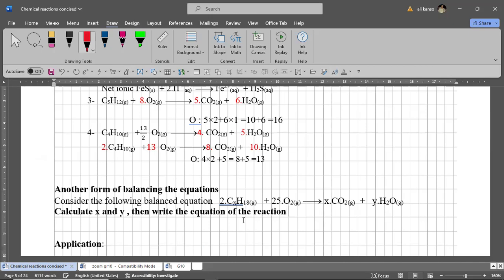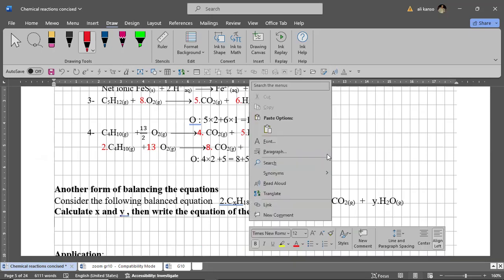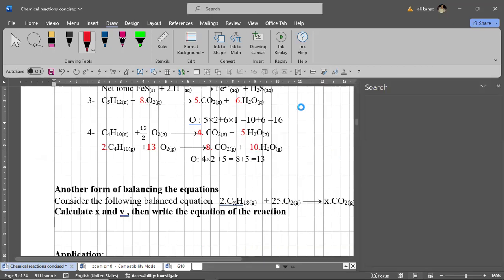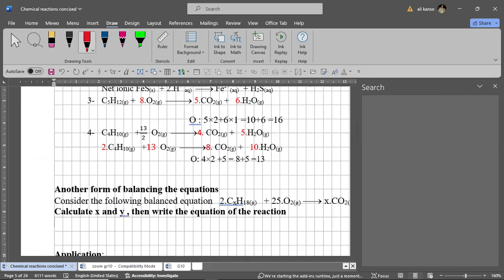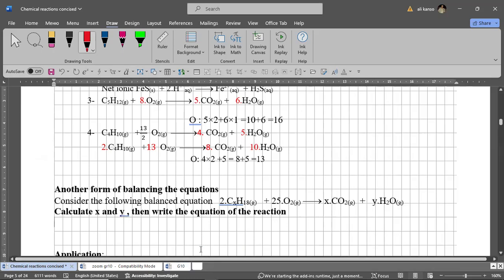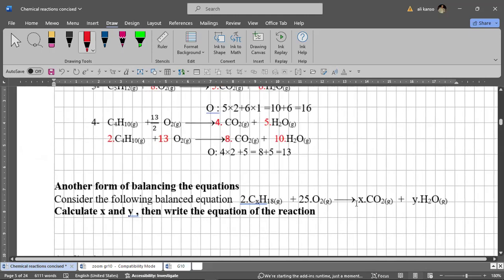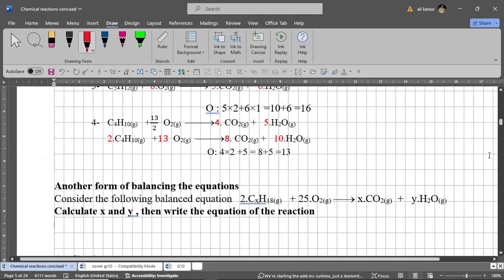Okay. What do we have to say? We say, according to the law, this is a balanced equation. Now we have to calculate x and y by applying the law of conservation of mass.